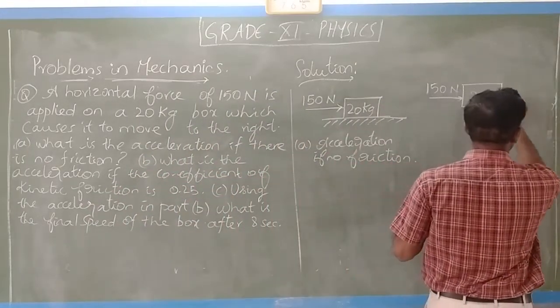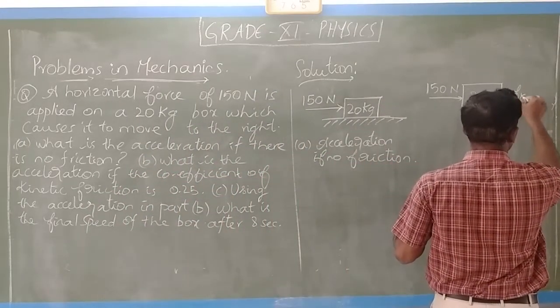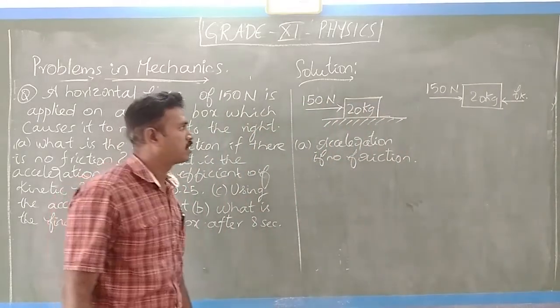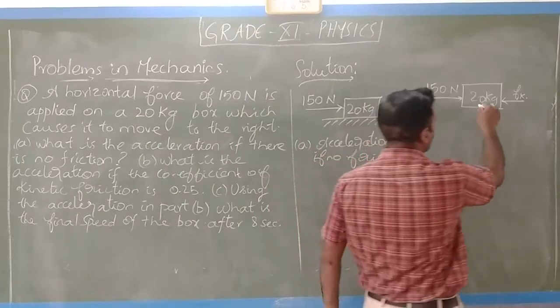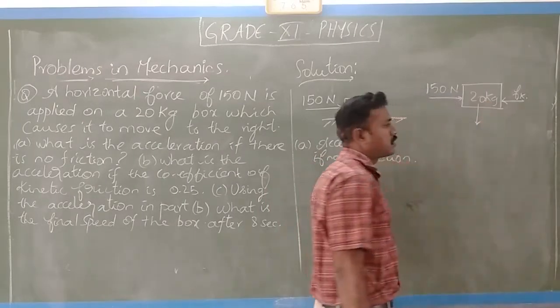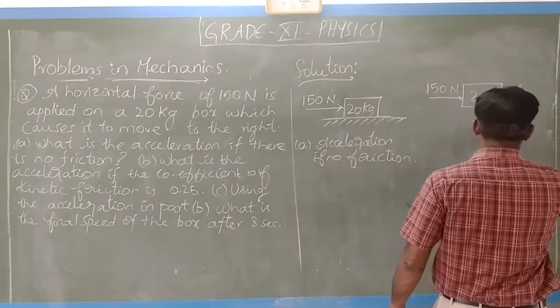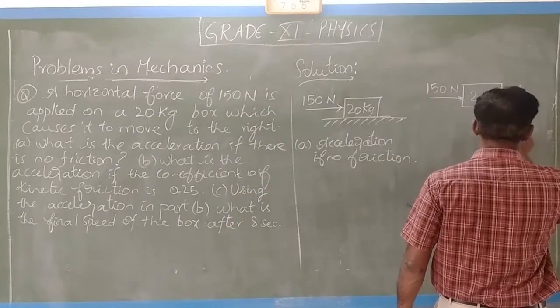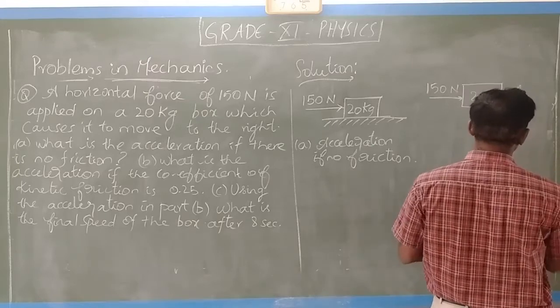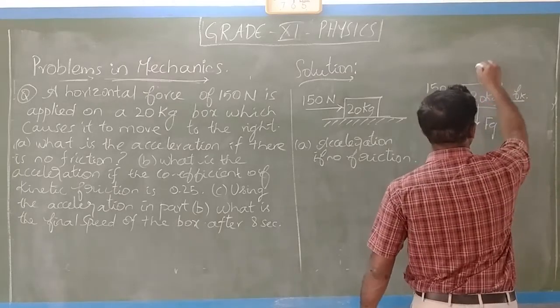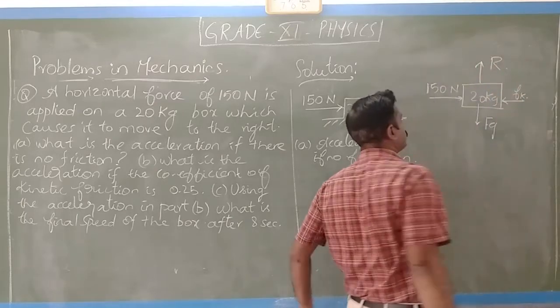So that is Fk. Fk is the kinetic friction. Then any other thing? There will be a gravitational force here, that is 20 into g. For example, that is Fg. I will keep it as Fg, and you have your reaction force R.